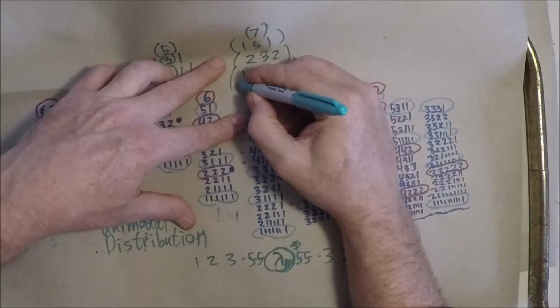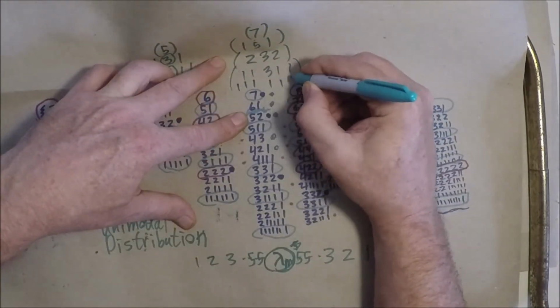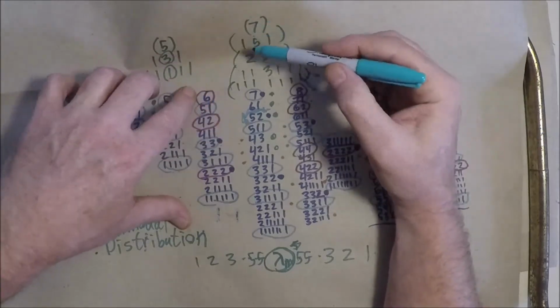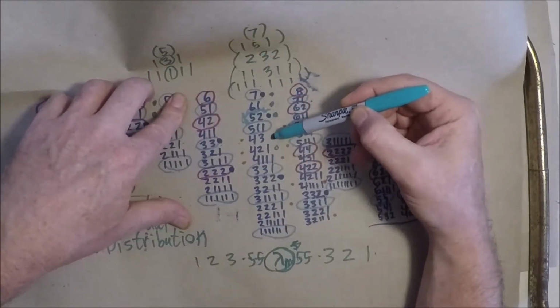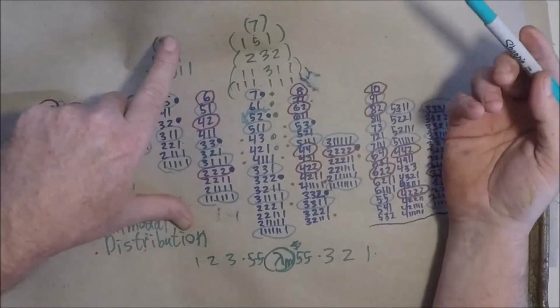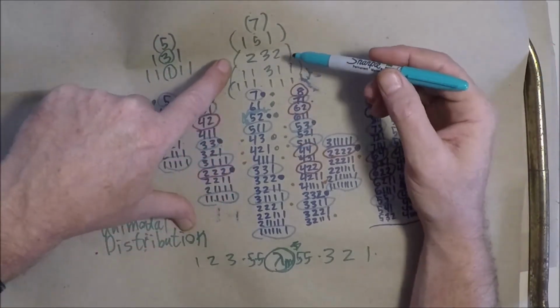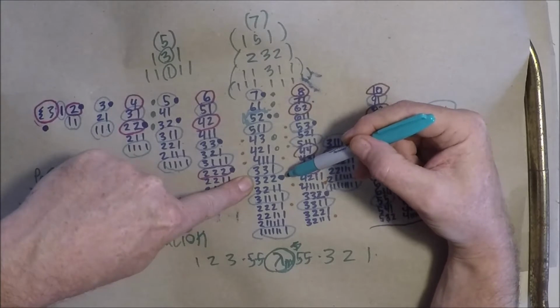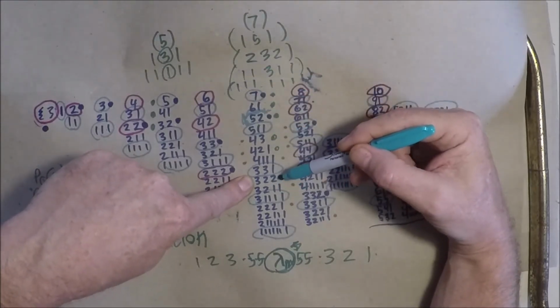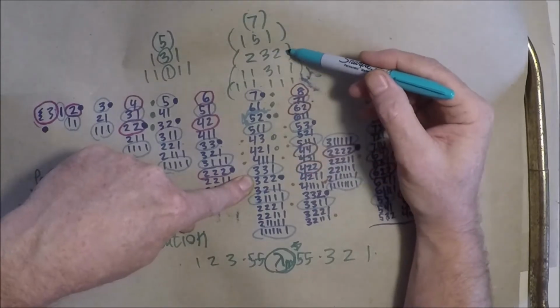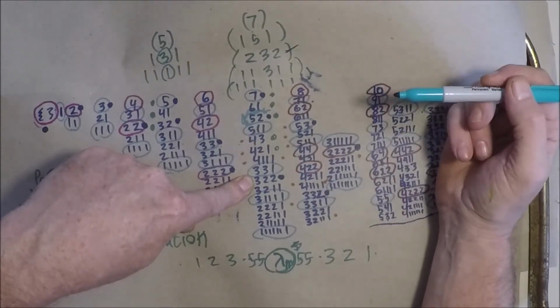So 1 1 1 1 1 1 1. Okay, so 1, 2, 3, 4, 5, same as 1, 2, 3, 4, 5, or 1, 2, 3, 4, 5. And for example, 2 3 2 is none of those. They're not distinct and they're not odd. But it is a symmetric unimodal distribution.